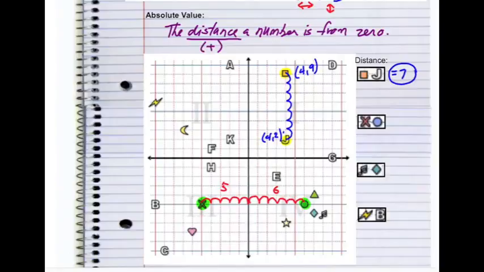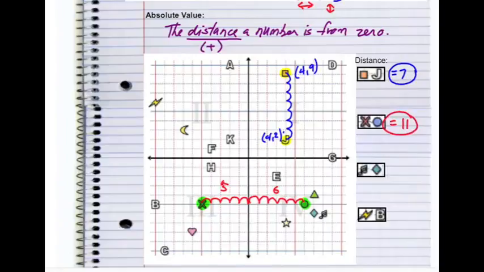Well, the distance the circle goes to 0 is 6. This is where my absolute value comes into play, because if I was going to count straight across that number line, it's okay because distance is always positive. So if from the cross to the 0 is 5, and from the 0 to the circle is 6, then the distance from the cross to the circle is equal to 11 units.